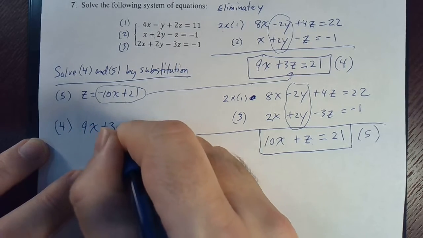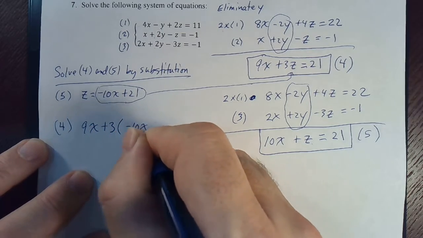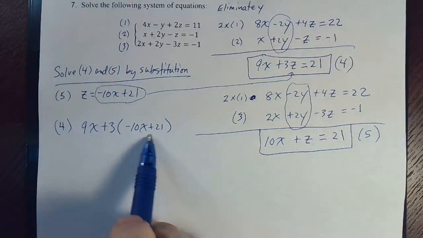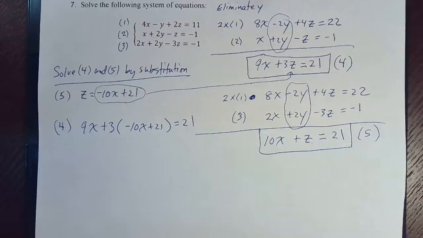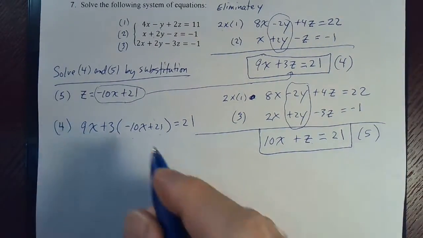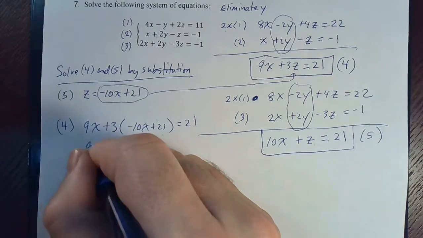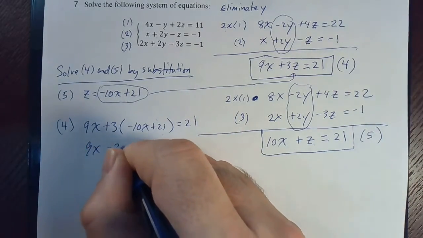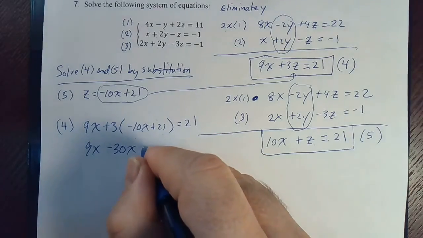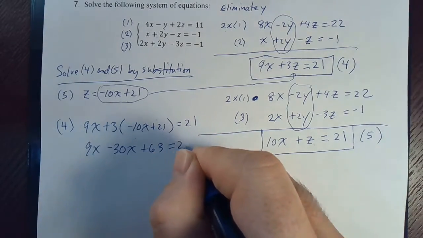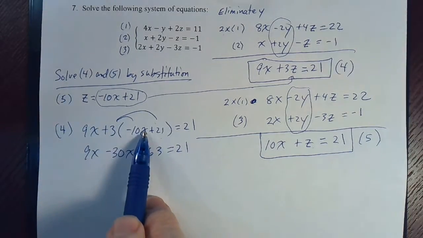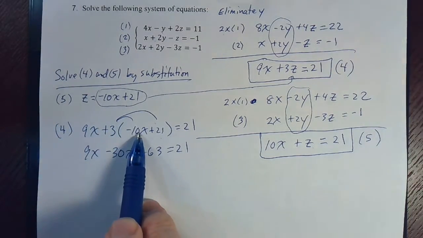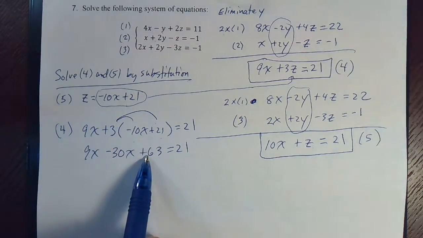So equation 4 becomes 9x plus 3 times, this is z from up here, equals 21. Now we have an equation just in x, and let's figure out what x is. That gives us 9x minus 30x plus 63 equals 21. All I did was distribute the 3 through this and this. So it's negative 30x, and then 3 times 21 is 63.